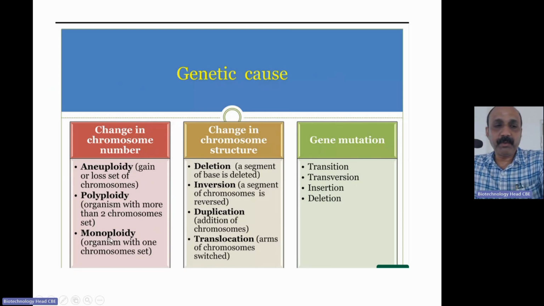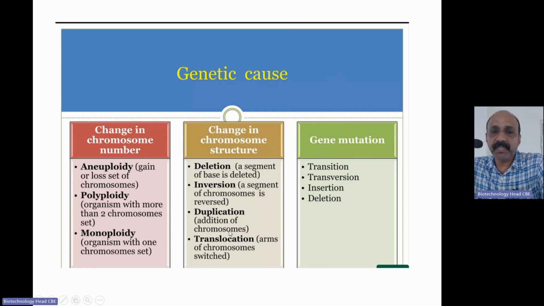This can lead to monoploidy conditions, or to changes in chromosome structure: deletion, inversion, duplication, translocation. Just like with X-rays and mutagenic agents, all these changes in the chromosomes can occur in tissue culture. Deletion is when a segment of a chromosome is deleted. Inversion is when a segment of a chromosome is reversed or inverted. Duplication is the addition of segments of chromosomes. Translocation is between the arms of chromosomes.